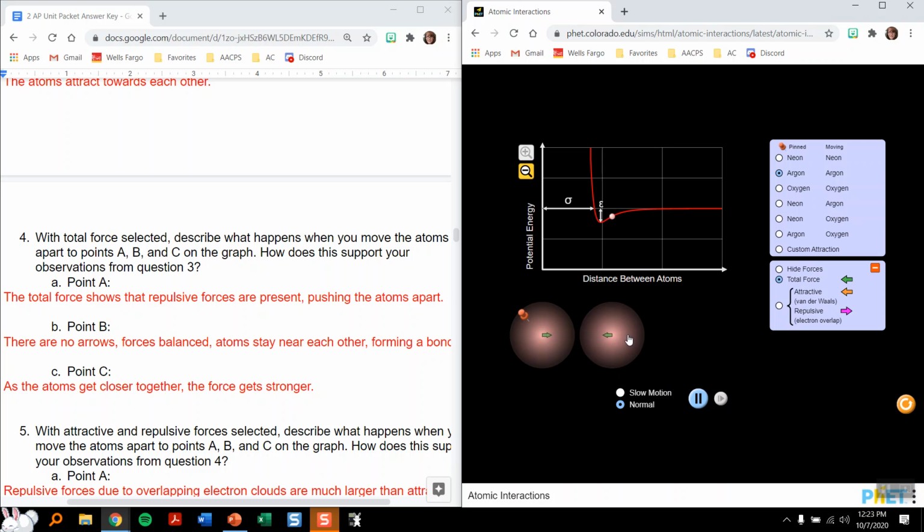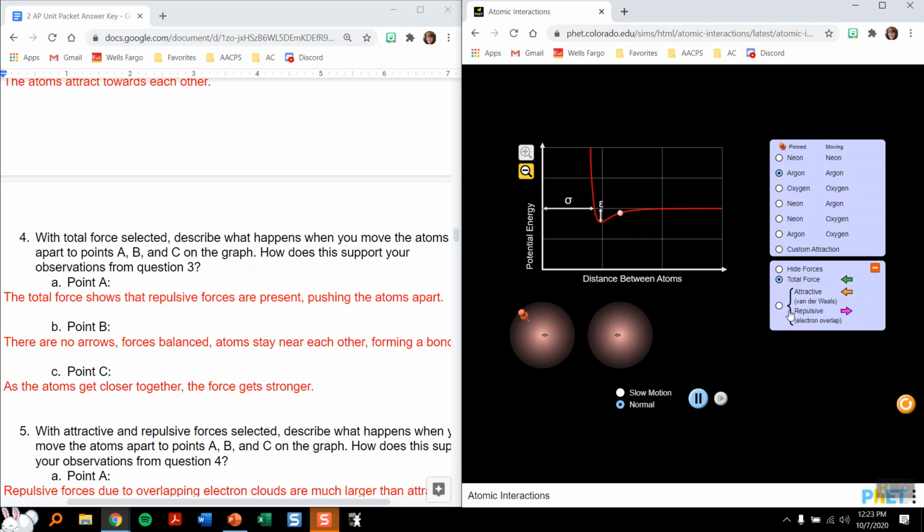Here, if we're at point C, there is a weak attractive force between these atoms in this molecule. If we put this right in the bottom of the well, we see that those total forces kind of go opposite of each other, right? So they increase as they get closer together. Eventually they get too close and then they start to repel.